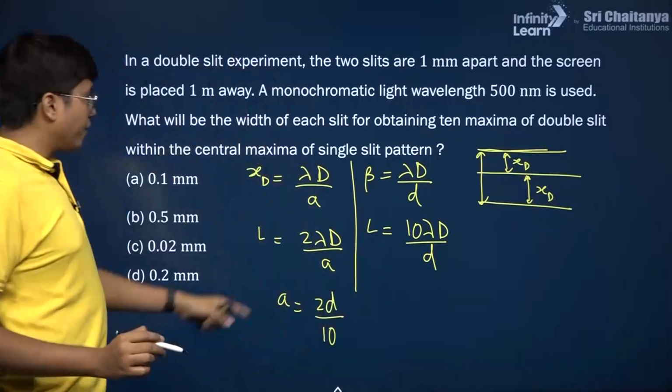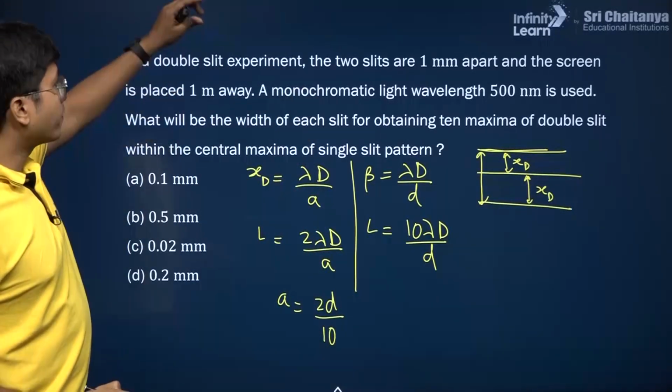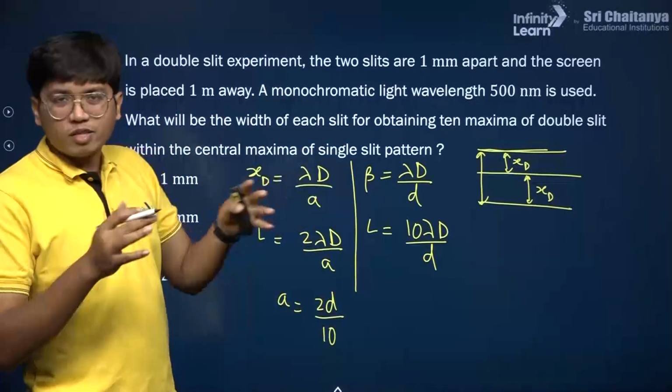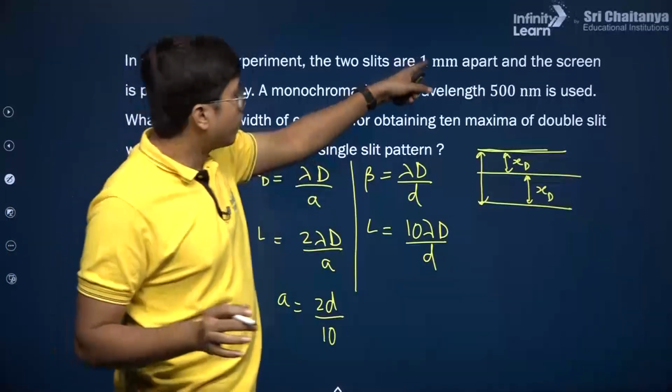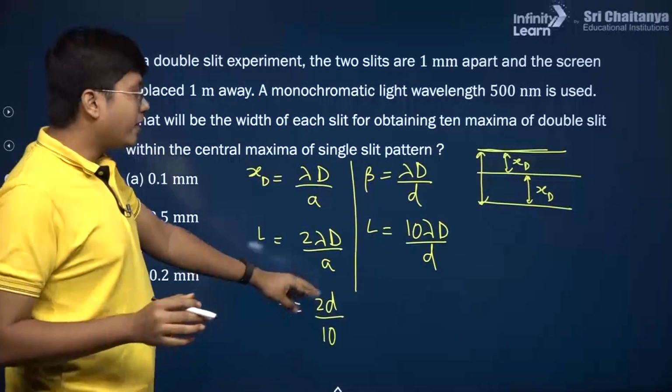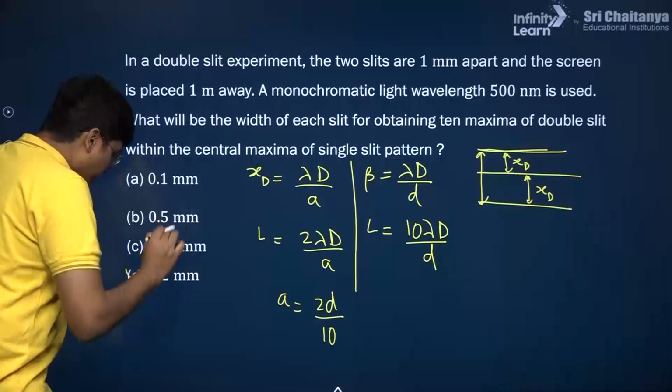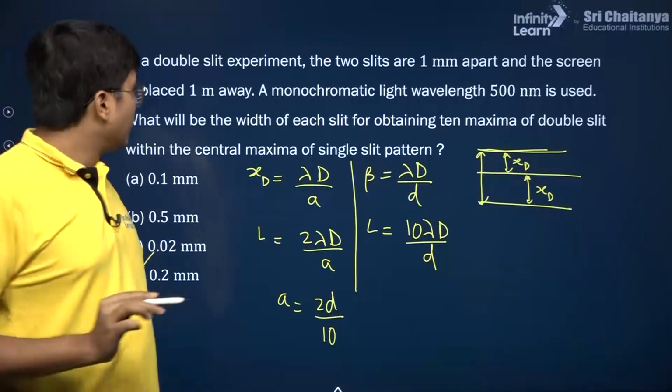Now d is given as 1 millimeter. The lambda and the 1 meter distance you don't need, they cancel out. So you have 1 millimeter, 1 by 10 is 0.1, into 2, that is 0.2 millimeter. Okay, let's move on now.